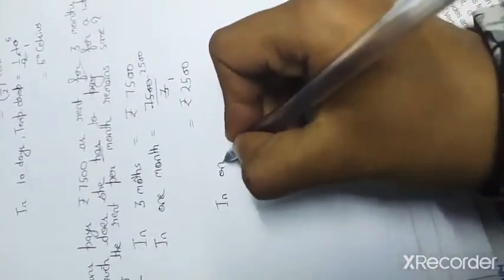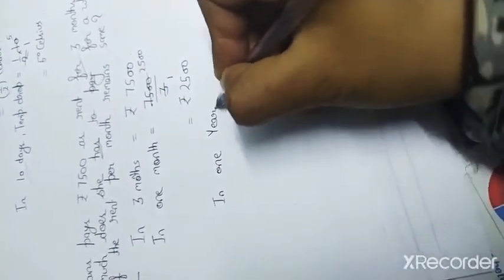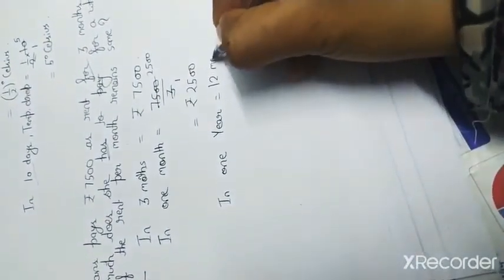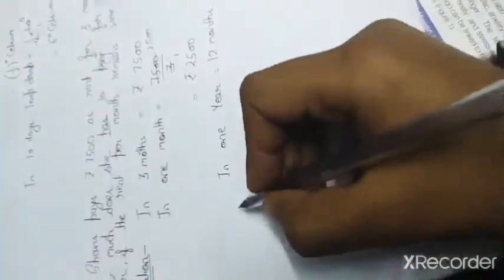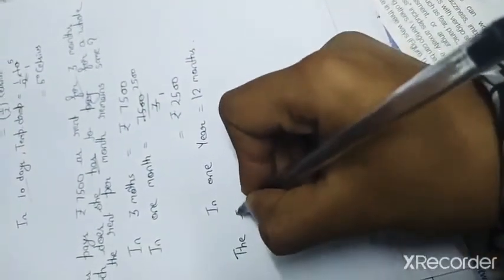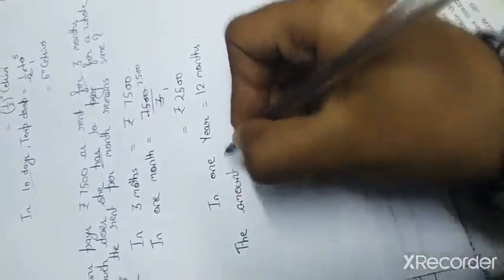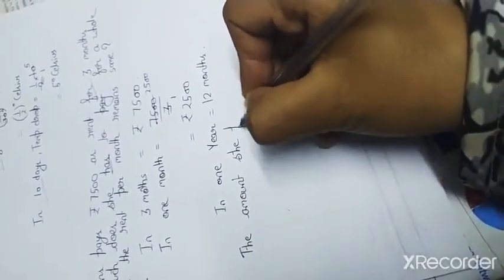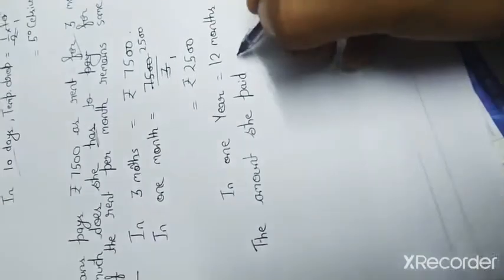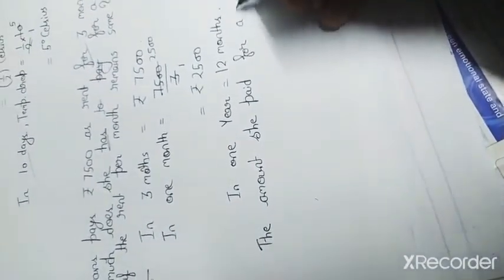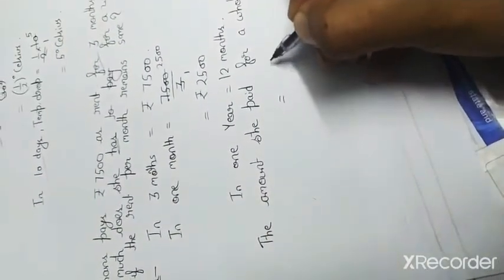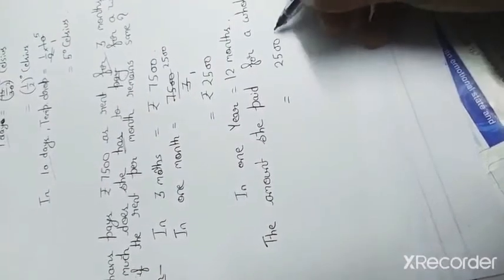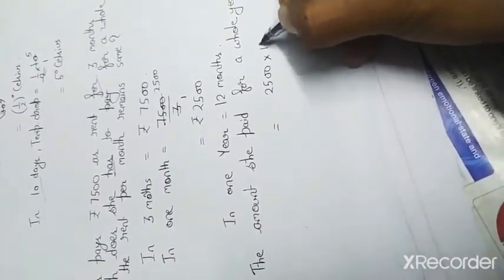Okay. Now they are asking how much does she have to pay for a whole year. So in 1 year how many months are there? Yes, it is 12 months. Okay. So the amount she paid for a whole year equals what? 2,500 multiplied by 12.